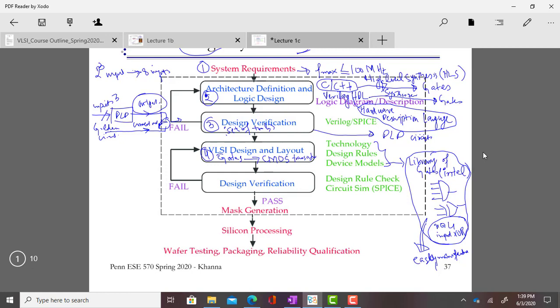So every semiconductor manufacturer has this kind of library, and this library is according to the fabs. Fabs are the industries that physically manufacture the chip. So this library is according to the fabs' requirements.